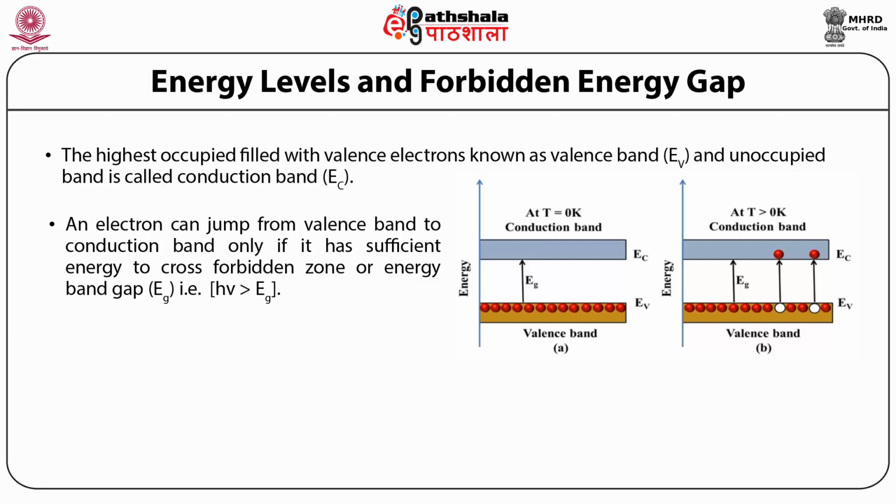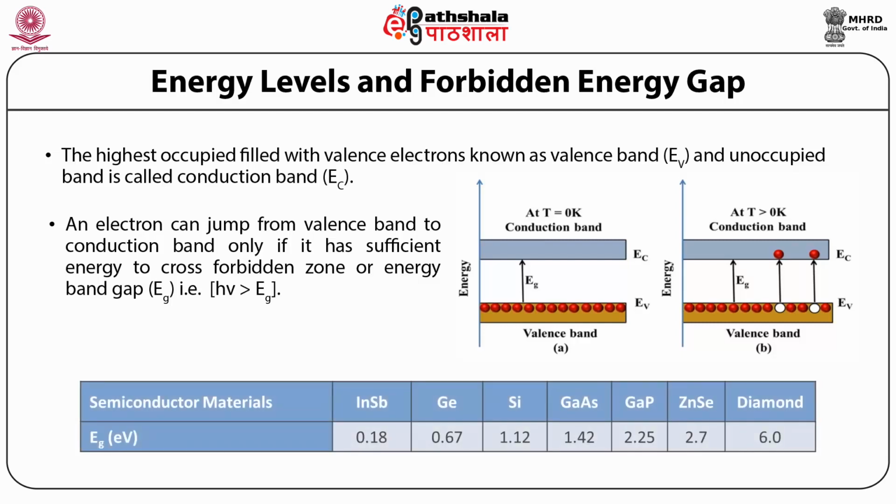This width of energy gap decides the amount of energy which is required to excite an electron from the valence band to the conduction band. The value of Eg for some important semiconductors is presented in the table, where the materials are tabulated with different values of energy band gap Eg in electron volt.